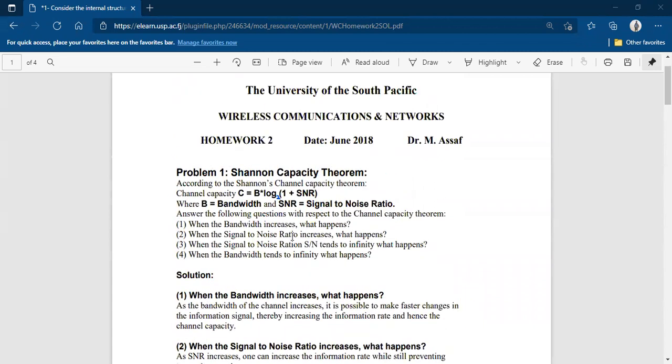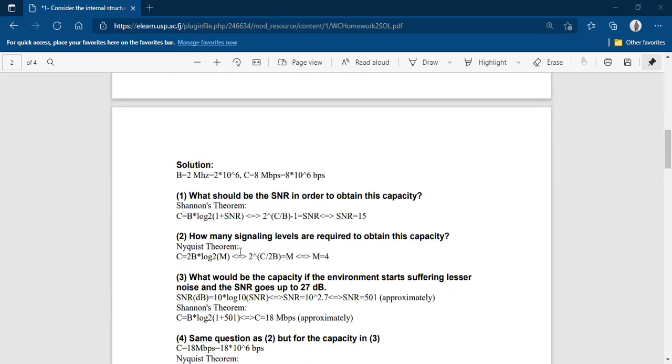So we can compute our SNR value from this formula by making SNR the subject of the formula and calculating its value.